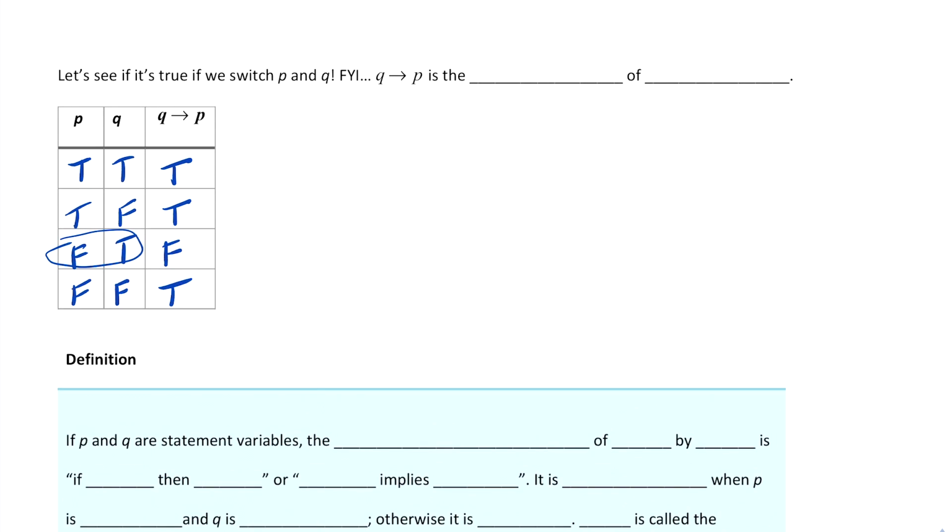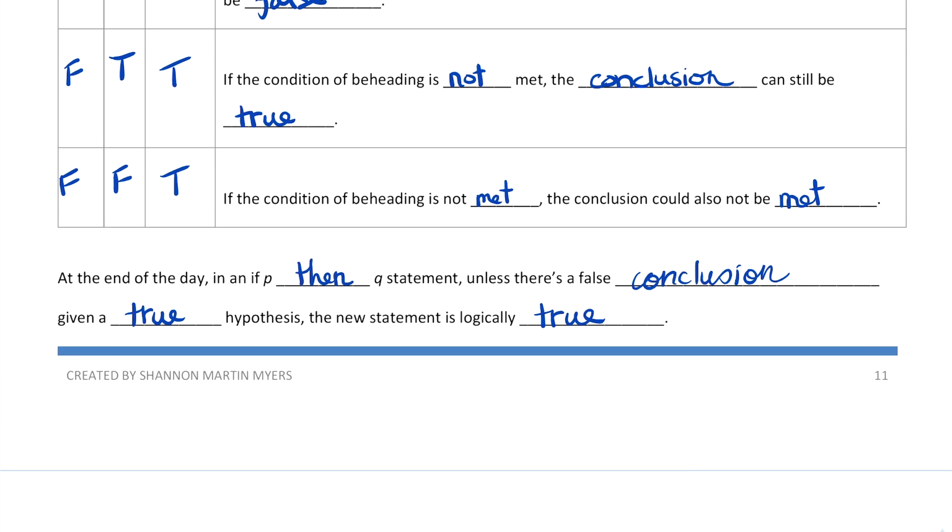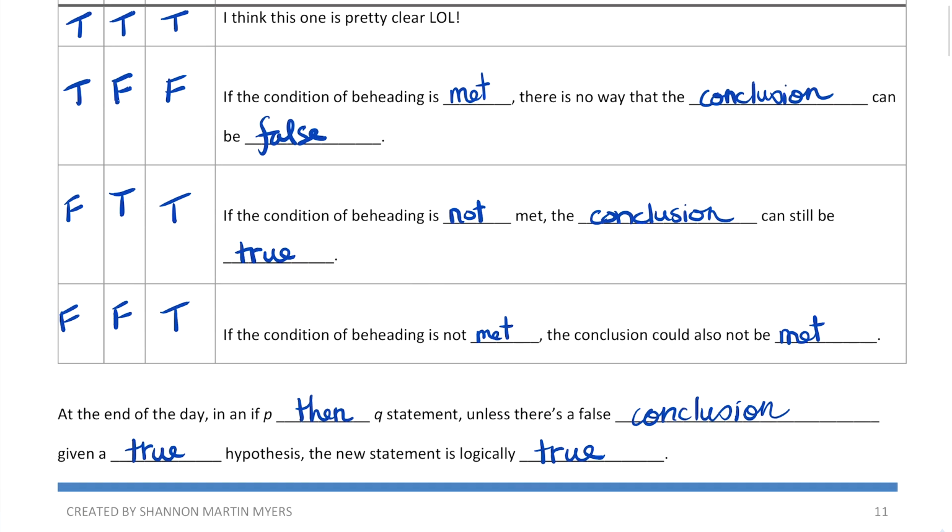If you take a look at the truth tables, let me go ahead and show you. Do you see that I did these in the same order, the P's and the Q's? The takeaway is they do not have the same truth values.